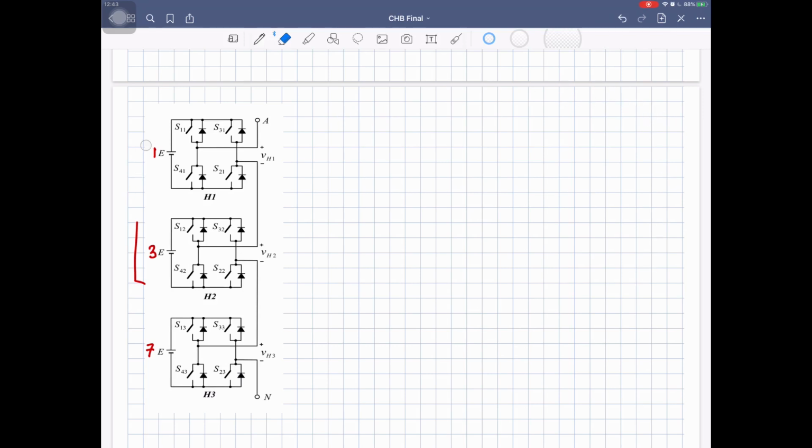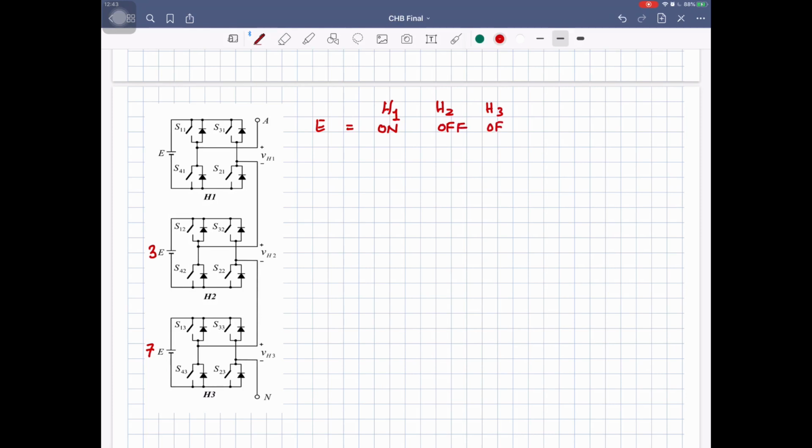Let me write it H1, H2 and H3. So E is, let's suppose first inverter is on and this one is off and this one is off. You will get E. To get 2E, what you will have to do?